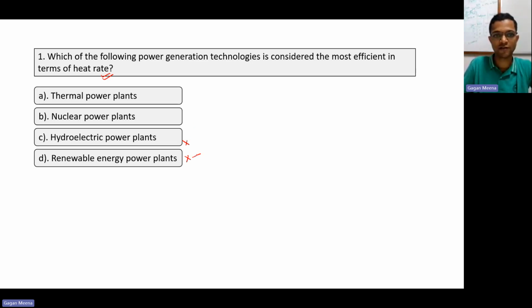They are renewable energy power plants, which depend upon the input, which is either solar irradiance or insolation, or solar PV, or the wind speed or wind velocity.